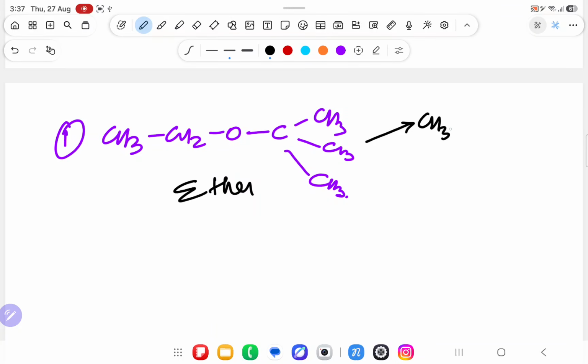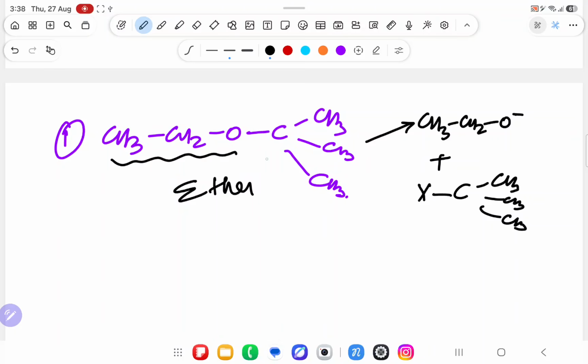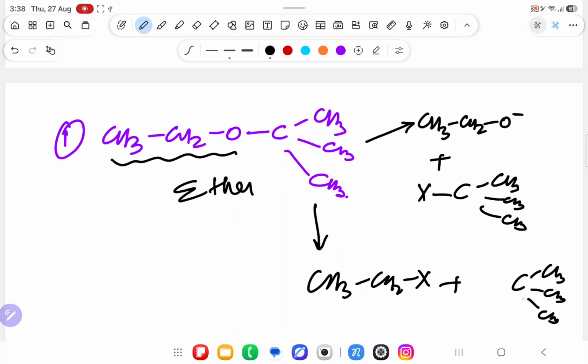One possibility is CH3CH2O minus plus C(CH3)3 with X. This will go with O minus and this will go with X. Or someone will say, no sir, I can take CH3CH2X with this, and C(CH3)3O minus with this. Which one is correct?